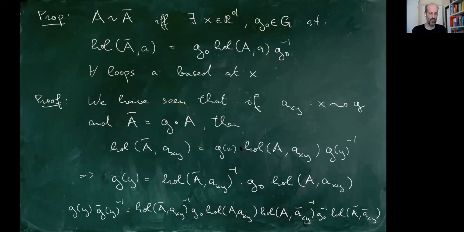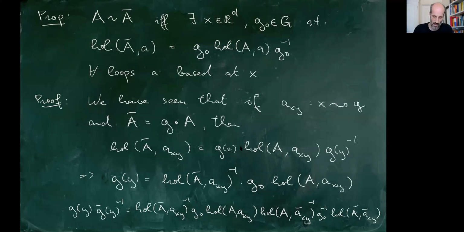And so I want to somehow extract, right? So the assumption is this identity here. So we have information about the holonomies. We want to extract information about the connection. So we want to have some kind of expression that allows you to extract information about the connection from the information about the holonomy.